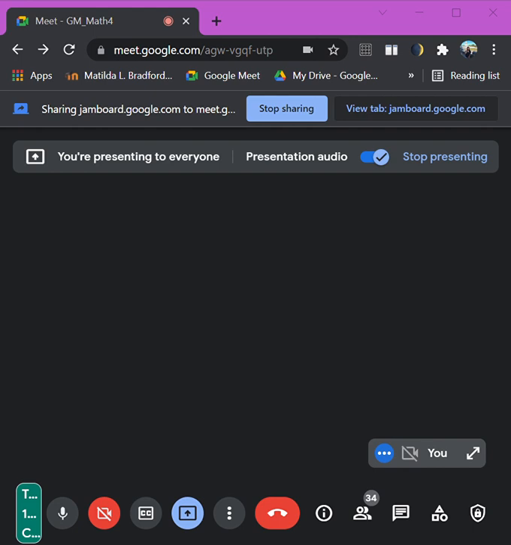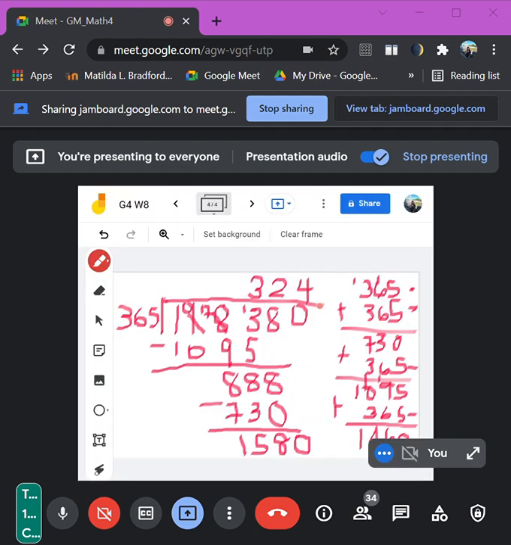So we have here 1, 2, 3, 4. So, meaning to say 365 times 4, that is equivalent to 1,460. So you're going to write that one here. And then ato na siyang i-multiply and then ibutang na to sa ubos diri.